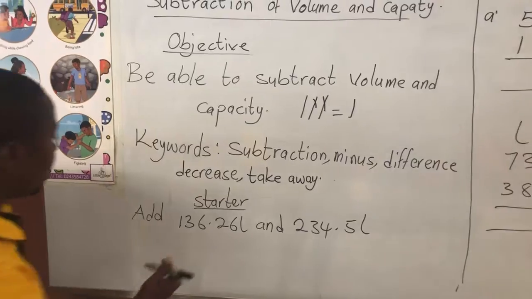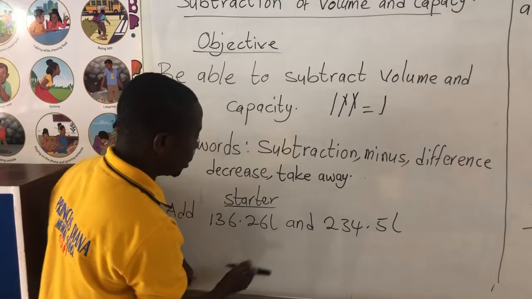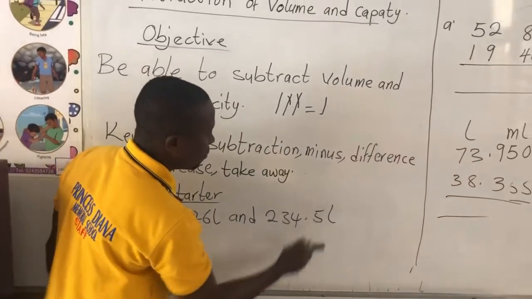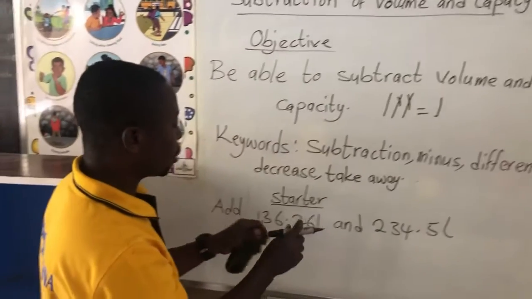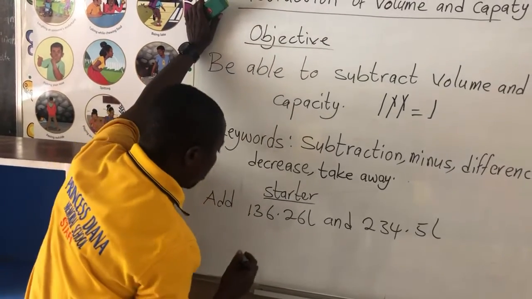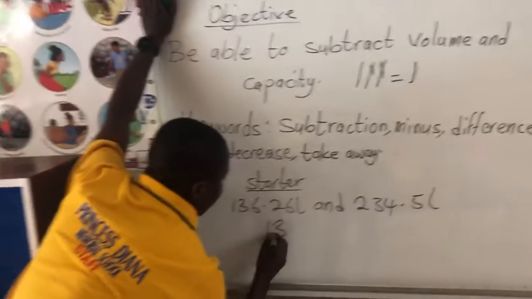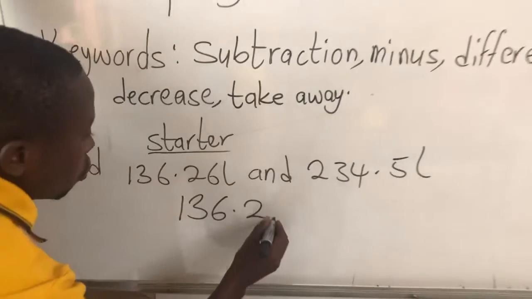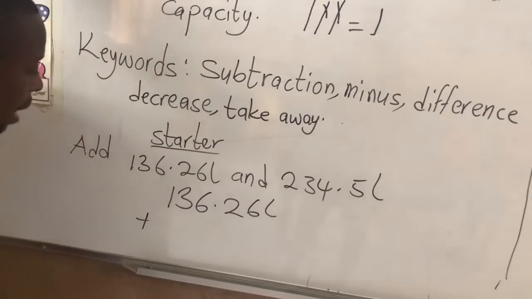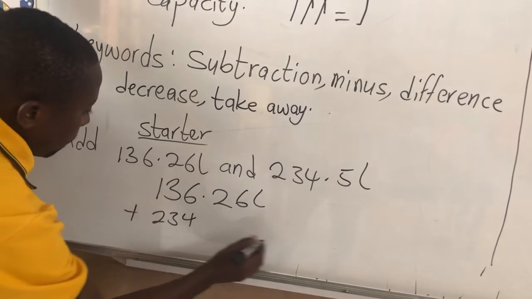We have 136.26 liters and 234.5 liters, and we are asked to add. We arrange them in column form nicely and then continue to add. So we have 136.26 L, then plus 234.5.